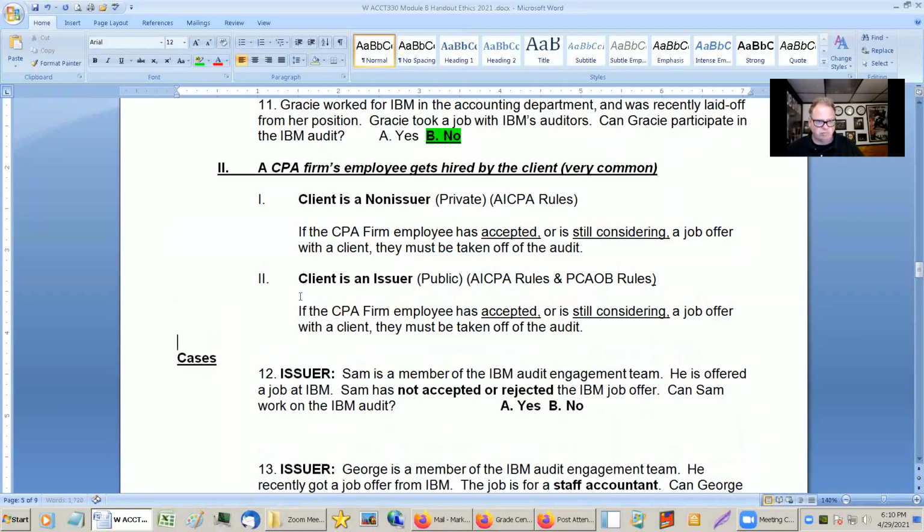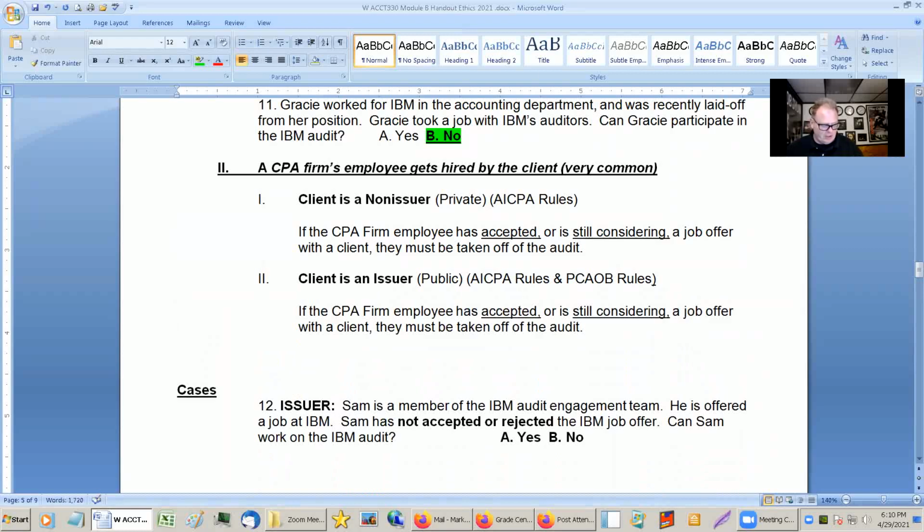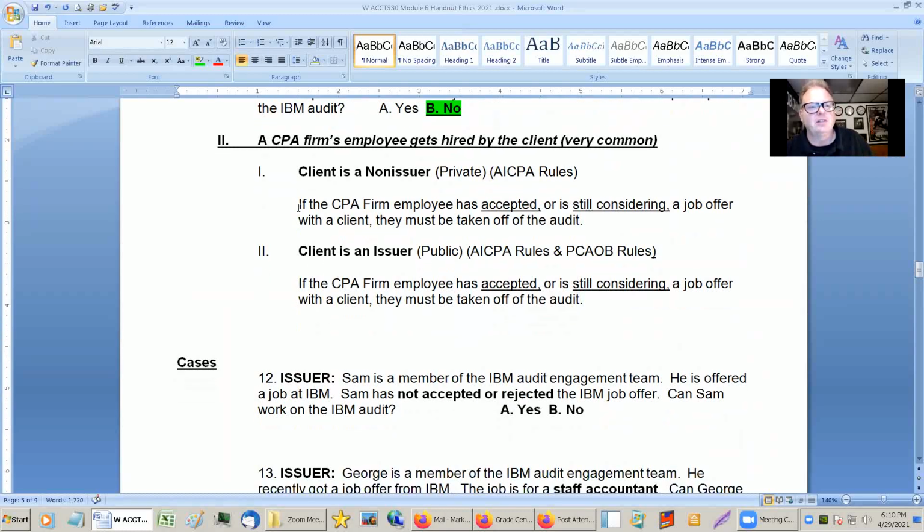But also, let's make this. Okay, so that rule still applies. If the client is an issuer, there is an additional level though.